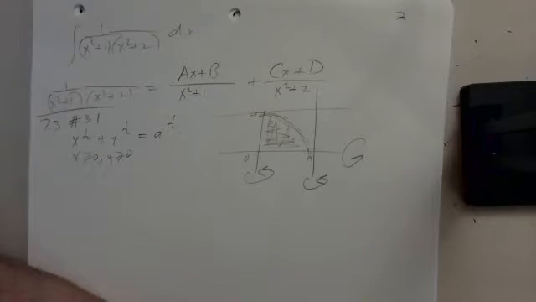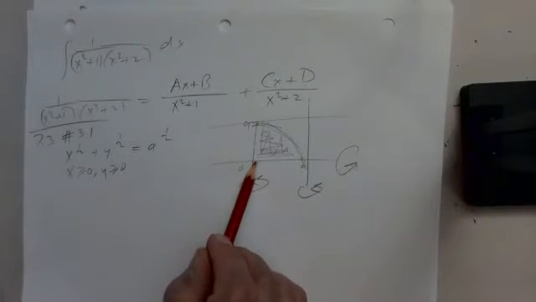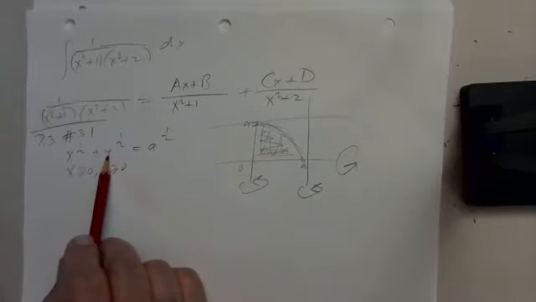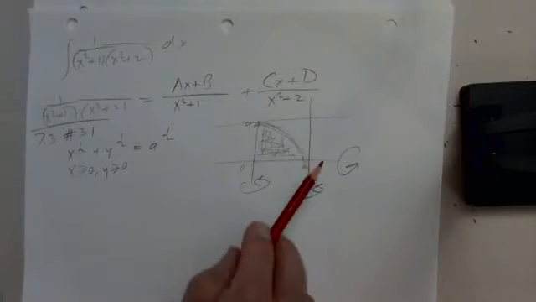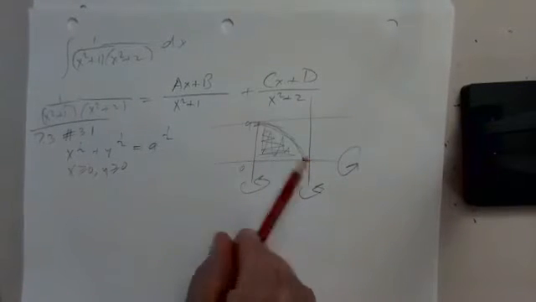Quick question on the same one we just went over, 31. How did we know again that the line curves like that? Well, what I said was when x is 0, y is a, and as x gets bigger, y has to get smaller. So the function is decreasing and it has to end up here because when x is a, y is 0.